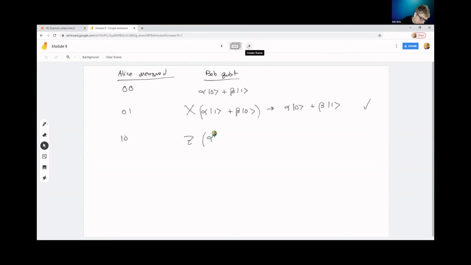Okay. So now the other possibilities, we had alpha 0 minus beta 1.